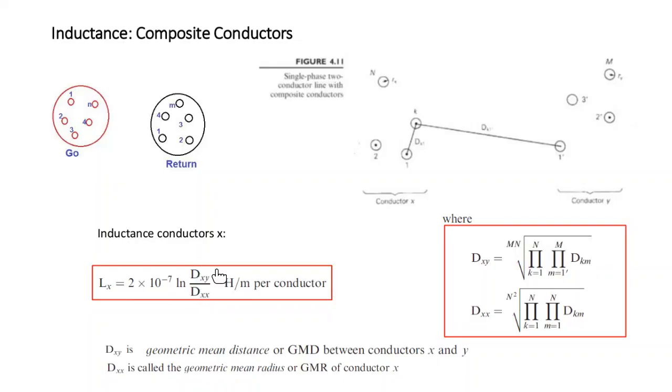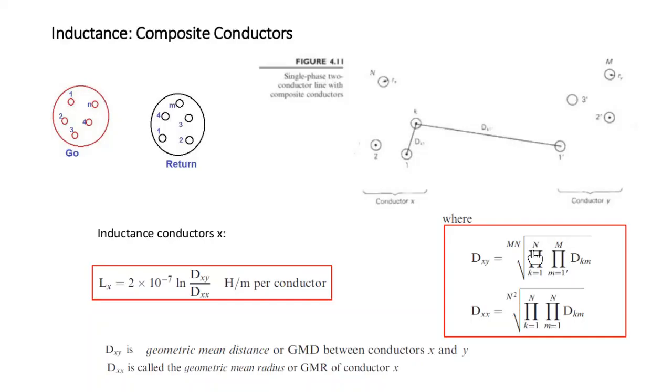That is the distance over the radius. We already discussed this in part 1. Here, the distance between x and y: between 1 and 1 prime, 2 and 2 prime, 3 and 3 prime, and so on, and 1 to 2 prime. So we can make it a multiplication, Dxy, with k from 1 to n for each conductor.